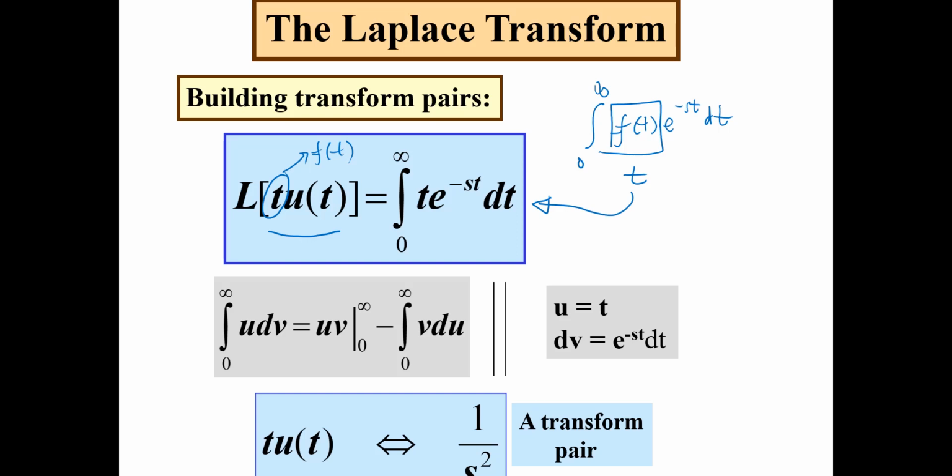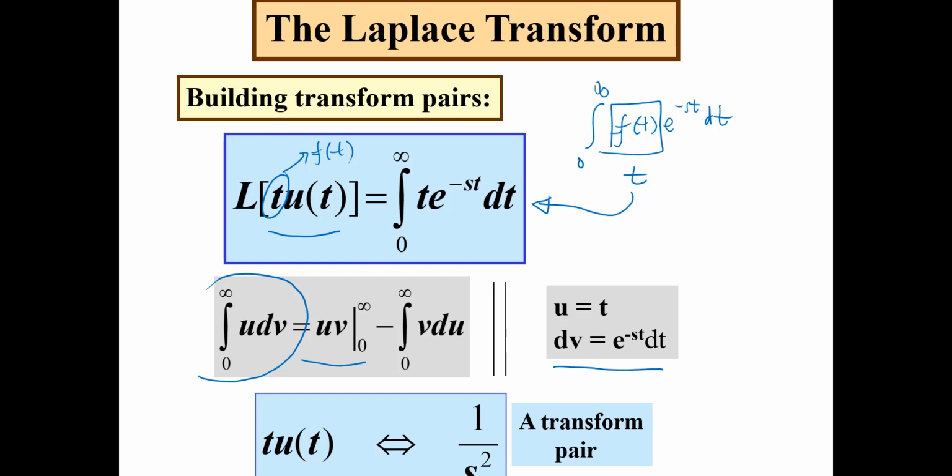So we use integration by parts here. The integral from 0 to infinity of u dv is uv from 0 to infinity minus the integral from 0 to infinity of v du, where u is t and dv is e to the power of minus st dt.